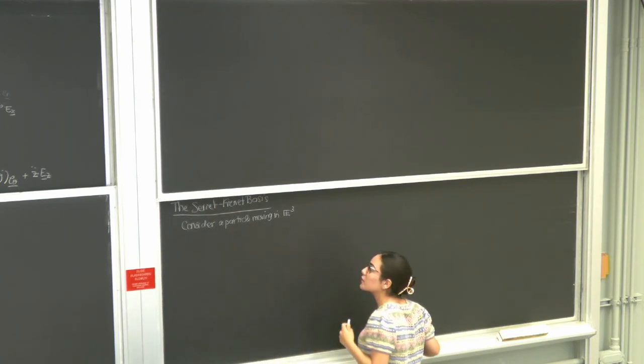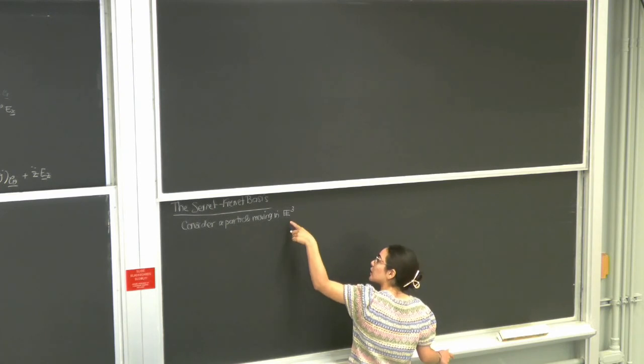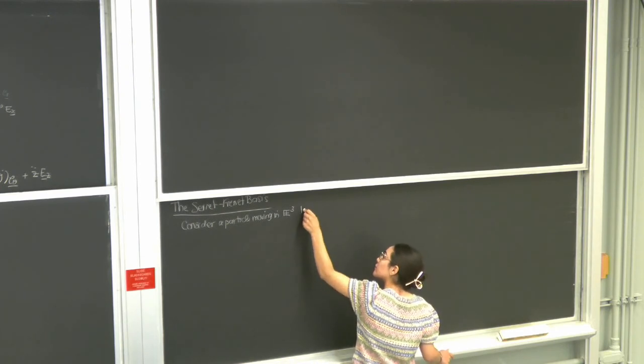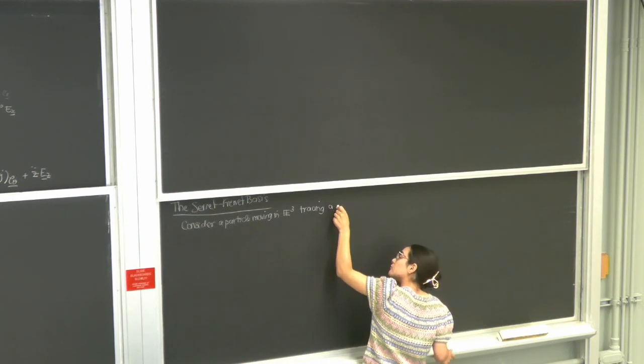Consider a particle moving in 3-dimensional Euclidean space, tracing a wavy curve.